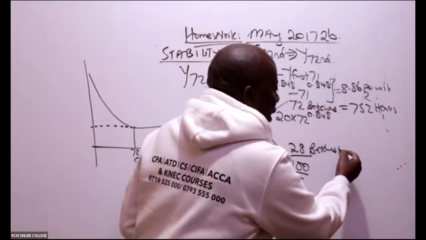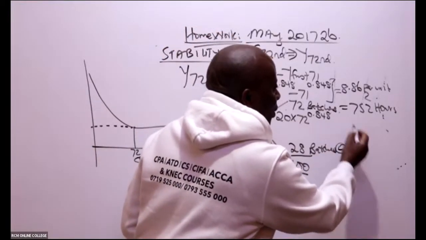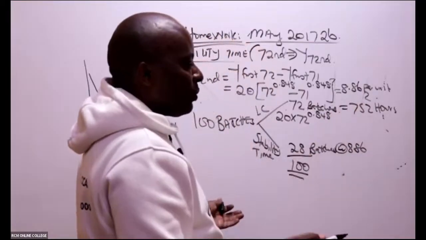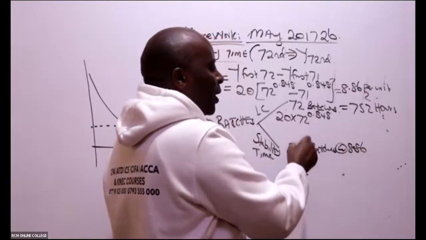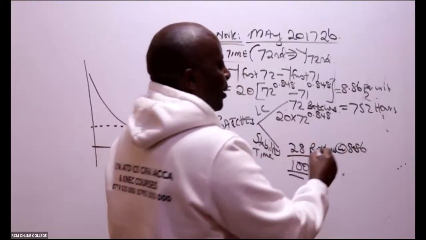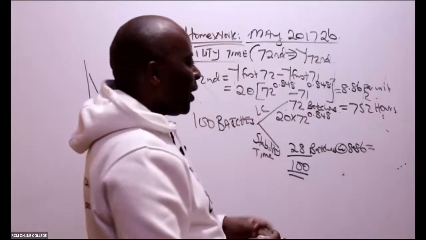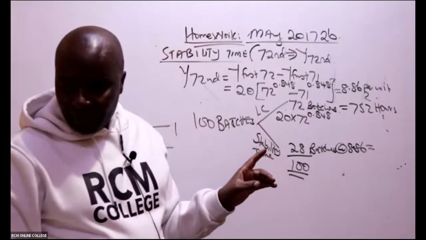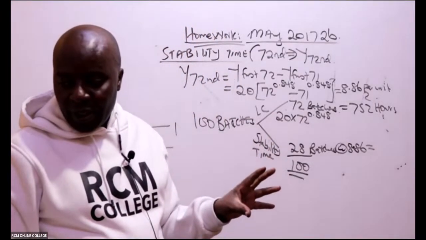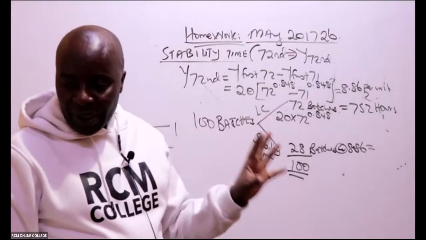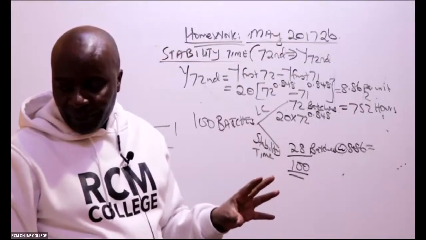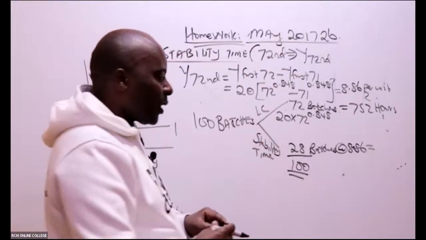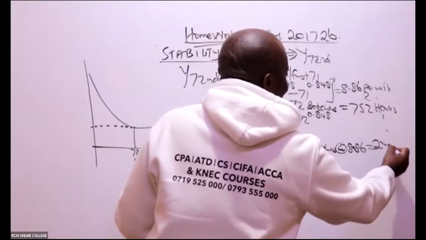So use the 8.86 per batch. We have 28 times 8.86, which gives us 248. Of course, in an exam, you'll not round off like that.